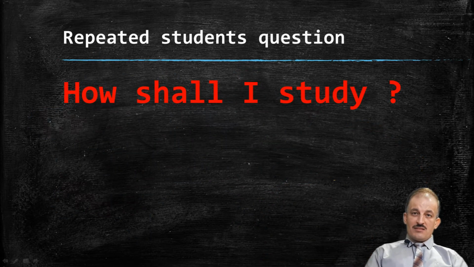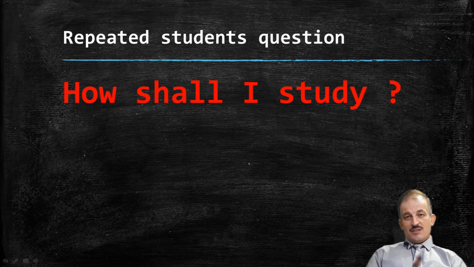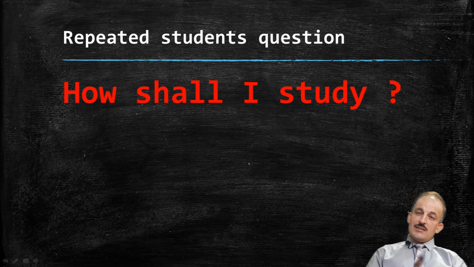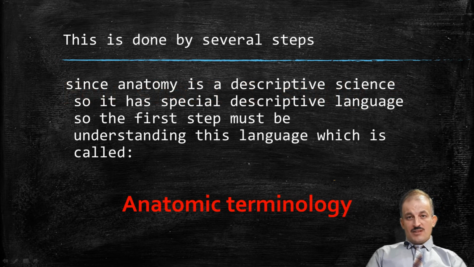Another repeated student question is, how shall I study? Before you study anatomy, you must have studied the language of anatomy. Like other sciences, it has a special language. The language of anatomy is called anatomic terminology.